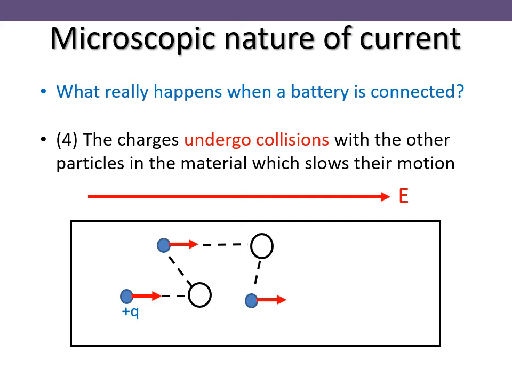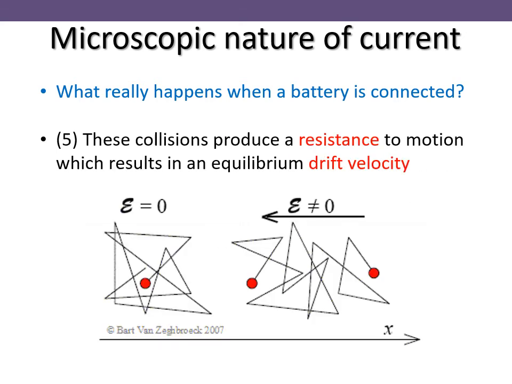However, these particles are not just free to move around. They're not just going to move like water flowing through a pipe, because obviously in any material we have other atoms, we have nuclei, things that are physically going to slow down our particles as they move through the wire. These collisions are what cause resistance.